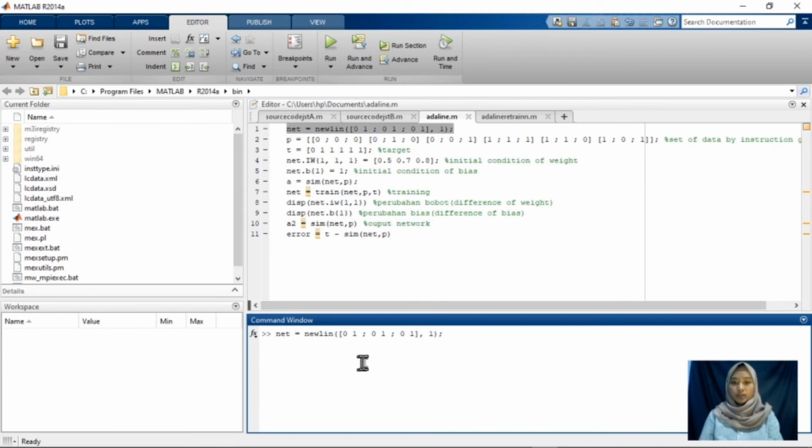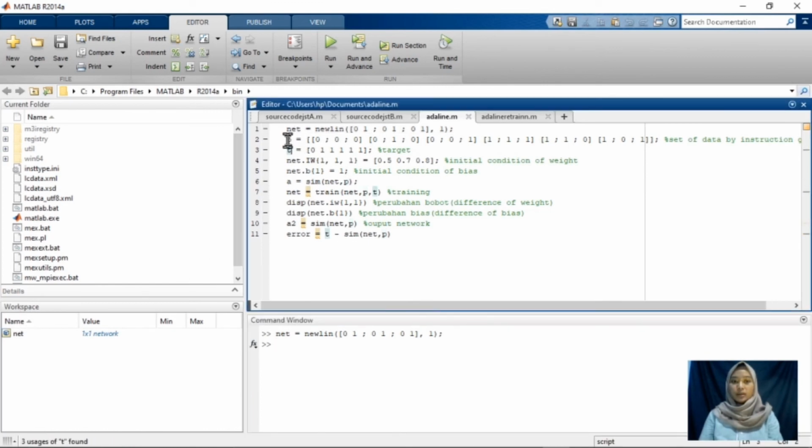This function is to determine the lowest value and the highest value of the target. Then the function of net will be saved in the workspace.